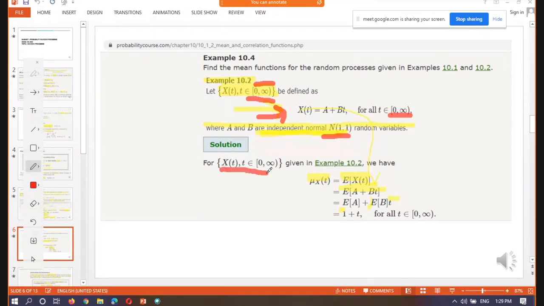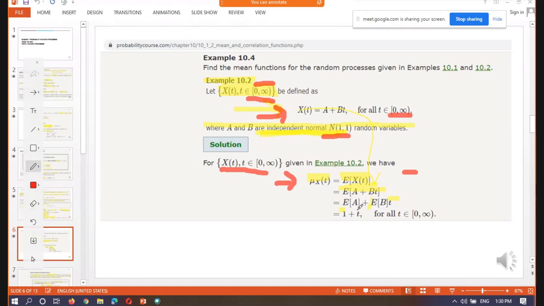So now for this process, you have to find its mean function. You know that mu Xt is actually expectation of Xt. This is the definition. And here Xt is actually A plus Bt. So like this we have to write, and then we have to distribute E over each term. It will not have any effect on t because t is a real constant. So this t will be outside of this expectation.